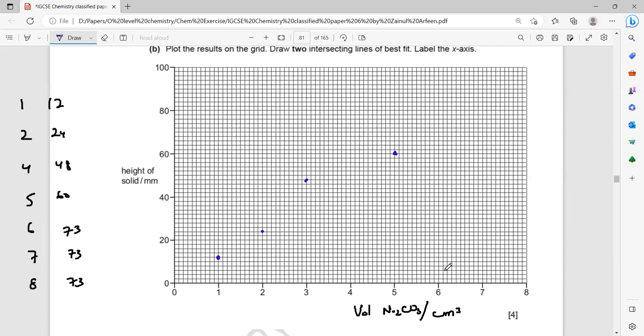Then we have 6 and 73. So this was 60, 4, 6, 8, 70, 72, 4. So this will be 73. And then 7 and 73.